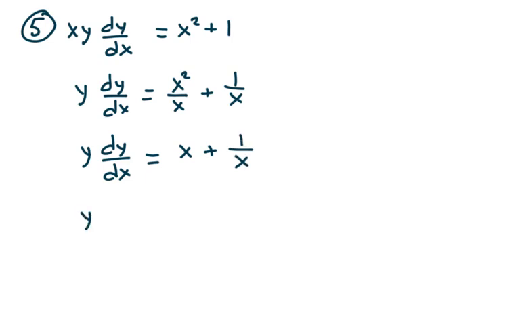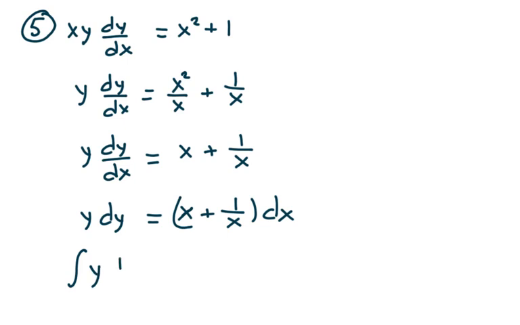And so y dy, I have the y's on one side, and then I have x plus 1 over x dx on the right-hand side. Now I'm ready to integrate. So the integral of y dy is the same as the integral of x plus 1 over x dx.